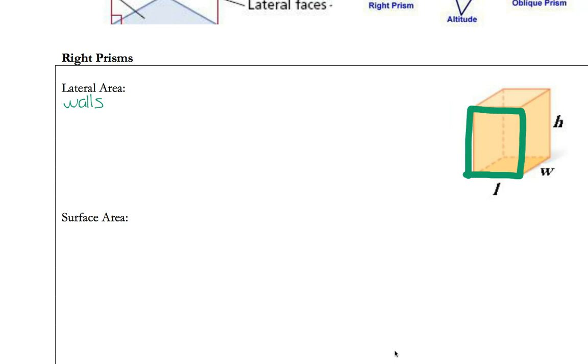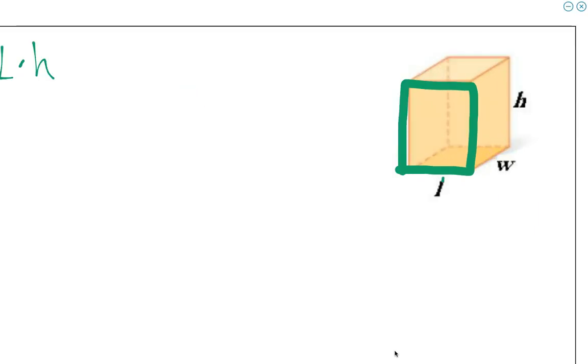Well, that would be length times height. Make that a capital L there, because this is height. So that's just a rectangle. That's L times H.